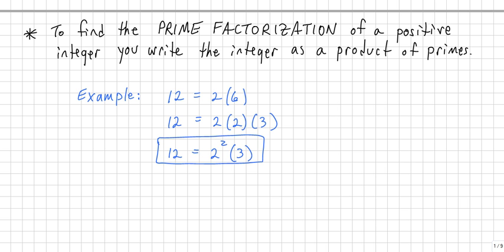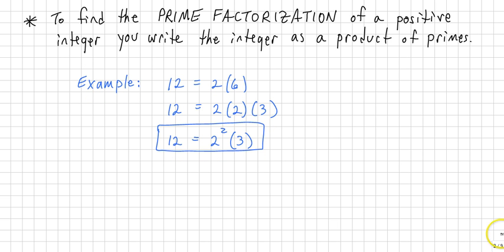So one of the things we're going to need to know how to do is find the prime factorization of a positive integer. To do that, you write the given integer as a product of prime numbers.